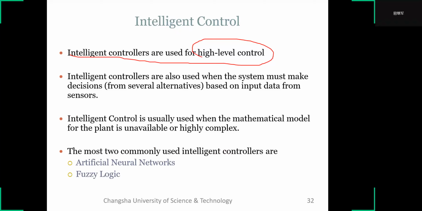Intelligent control is usually used when the mathematical model for the plant is unavailable or highly complex. The two most commonly used intelligent controllers are artificial neural networks and fuzzy logic.